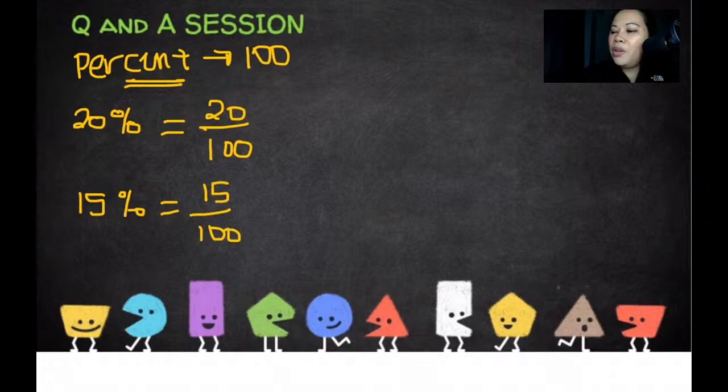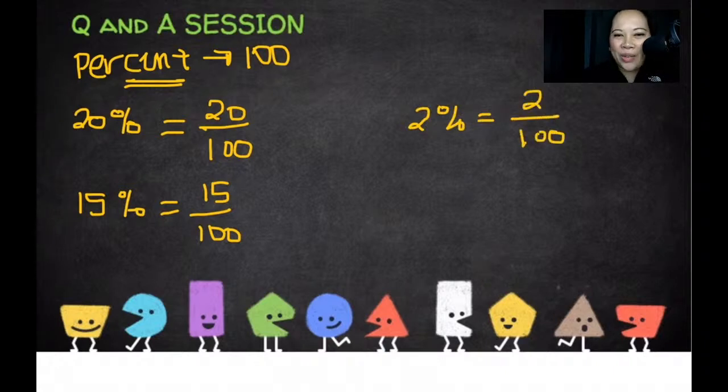If you are asked for 2%, that means it is 2 per hundred, so 2 over 100. Now, if you are given a percentage in fraction form, you can simplify it by finding the common factor. So you apply what you know about fractions.